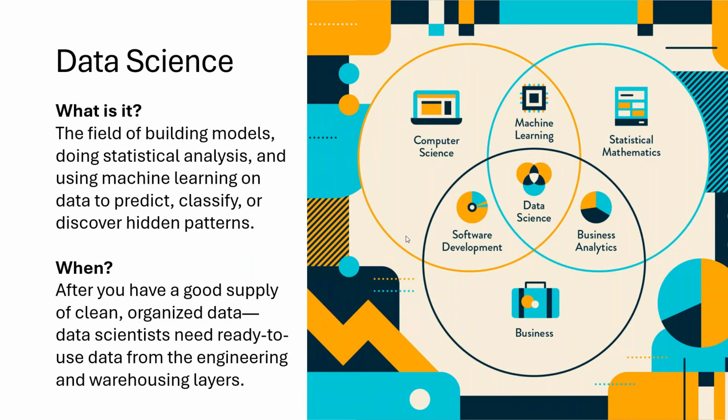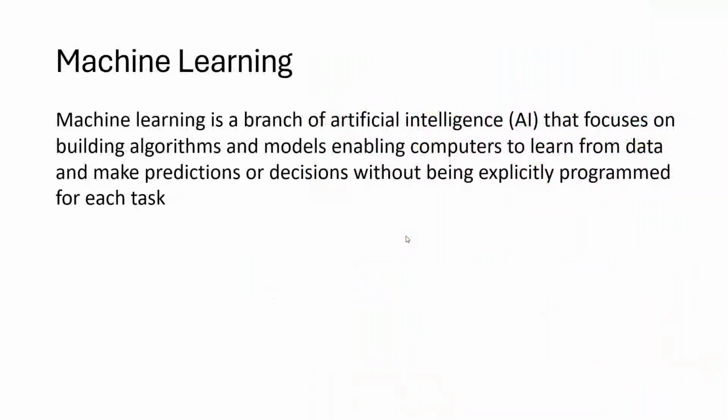For training models you need data, and you have data in the warehouse. After you have a good supply of clean organized data, data scientists need ready-to-use data from the engineering and warehousing layers.